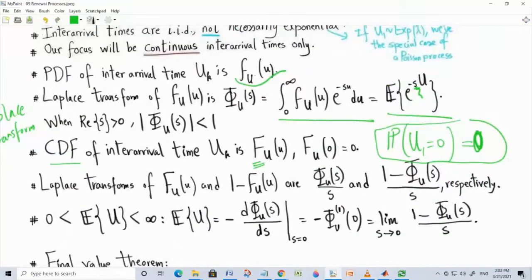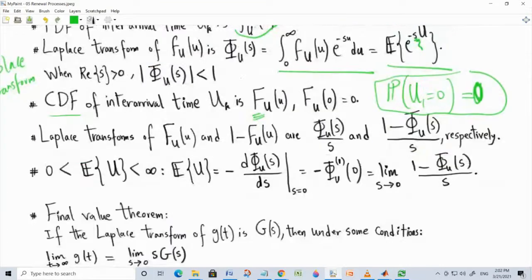From the Laplace transform theory, if the CDF is the integral of the PDF, then for the Laplace transform of the CDF, you take the Laplace transform of the PDF and divide it by s. So the Laplace transform of the CDF will be big phi over s, and for the complementary CDF, 1 minus the CDF, it will be 1 minus big phi over s. You do not need to review the Laplace transform.